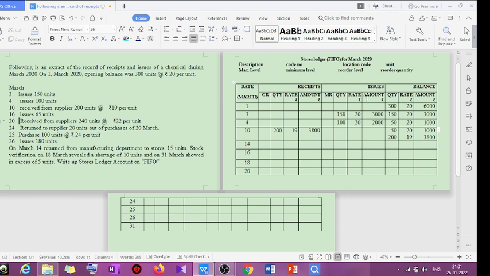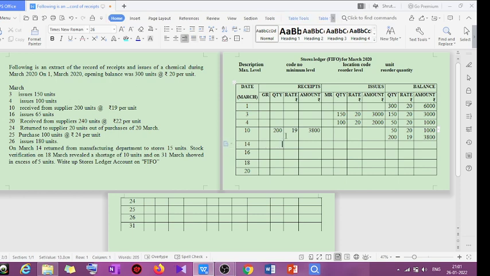So if you issue to the department, it will come under the issue column. Now what is this? Returned from manufacturing department to stores. It means whatever we have issued to the departments, they have sent it back. Got it? So you have received some material. So whenever there is a return from manufacturing department to stores, you have to write it under the receipt column. I hope it is clear to you.